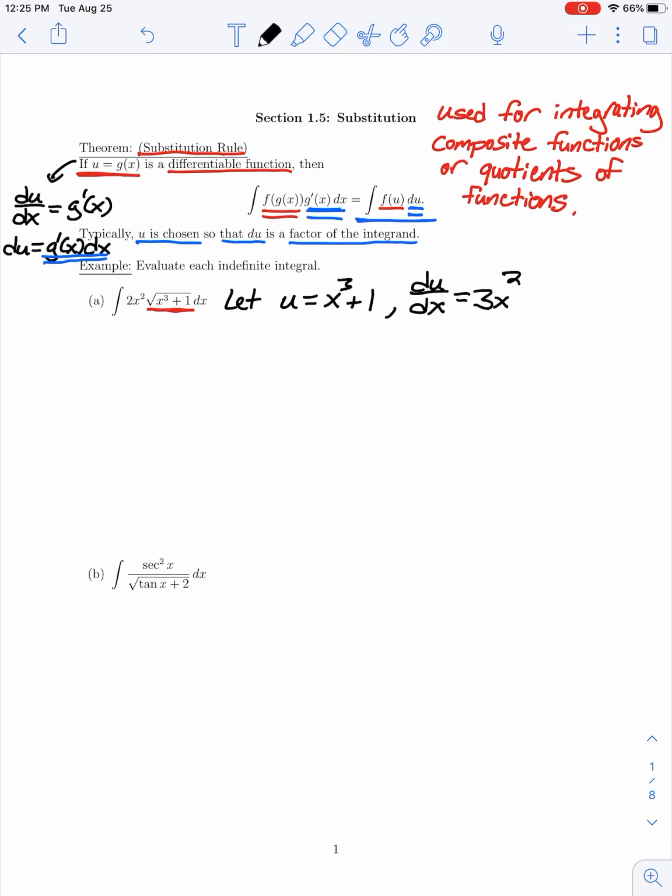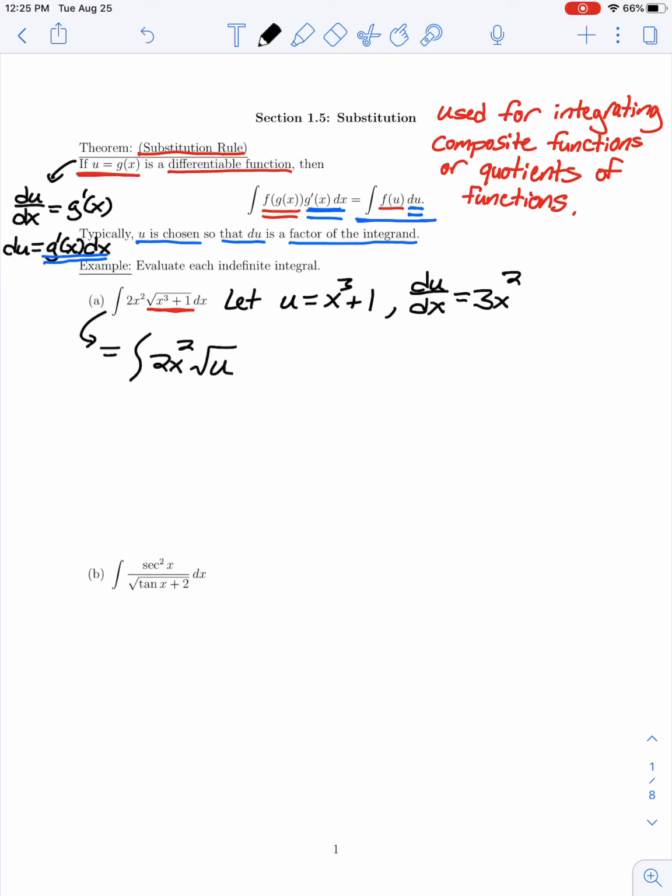Let me work a little further and then I'll explain my thought process. So in general, our goal is to take this integral that we had in terms of x and rewrite it in terms of u. So we now have the integral of 2x squared times the square root of u.